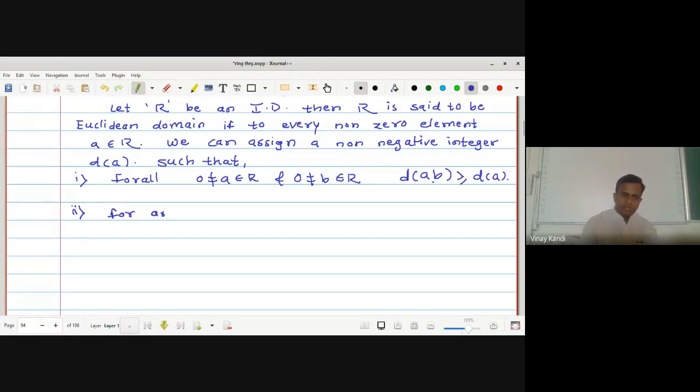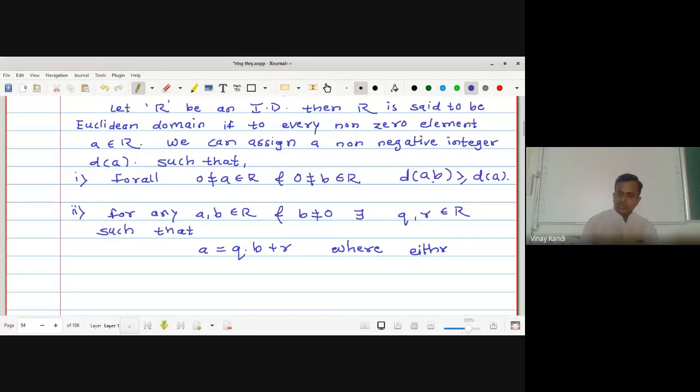And the second one: for any a, b belonging to R with b not equal to 0, there exist elements q and r belonging to R such that a = qb + r, where either r = 0 or d(r) is less than d(b).